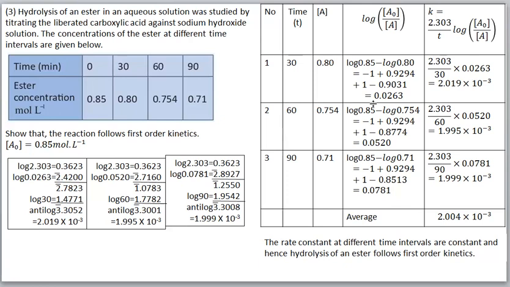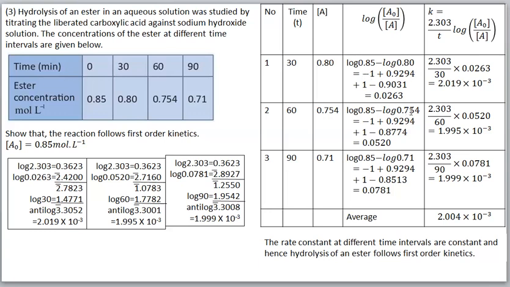Similarly, for the next reading, 60 minutes. The concentration is 0.754. So log A0 by A: A0 is always the same value, 0.85. So log 0.85 minus log 0.754. Log 0.85, this value only, as it is we can write.